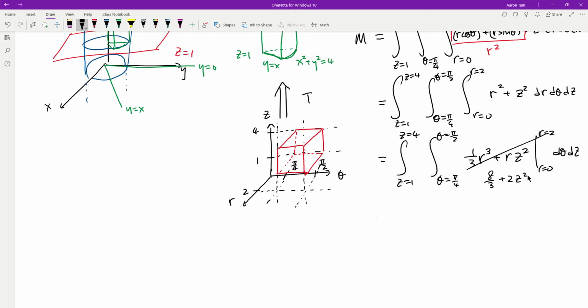So if I integrate that with respect to theta, that equals 8 over 3 theta plus 2 theta z squared, theta from pi over 4 to pi over 2, dz.